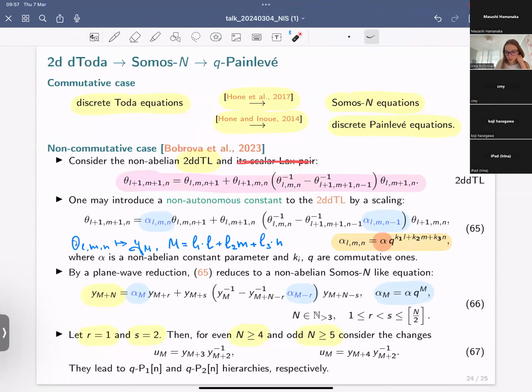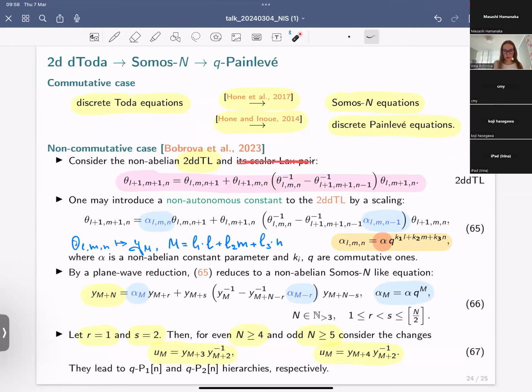If we introduce these two changes of variable, so we introduce a new variable u sub m that can be expressed in terms of y's, then this ordinary difference equation can be rewritten in some form.